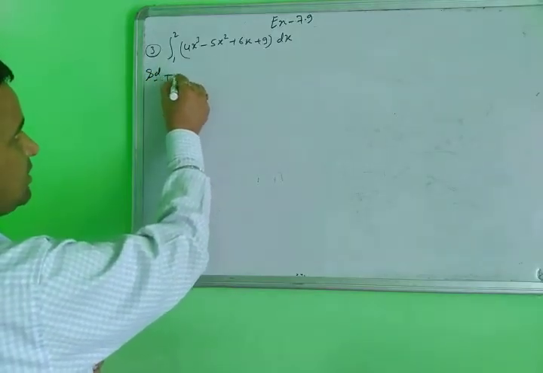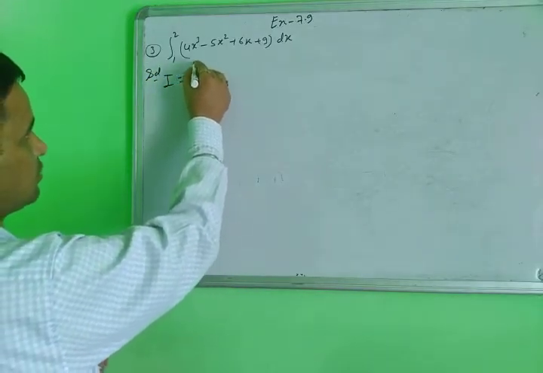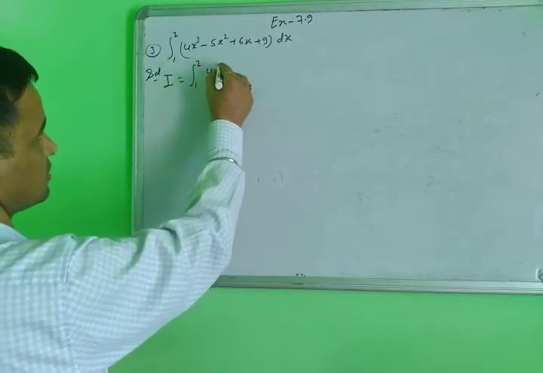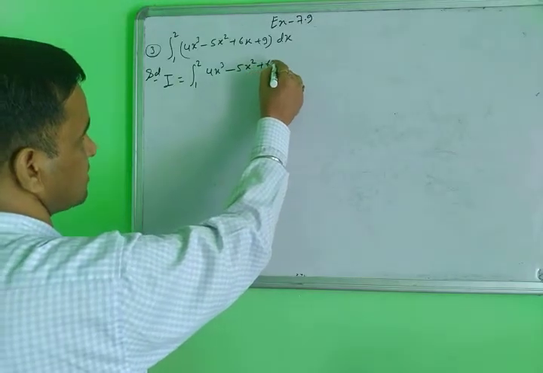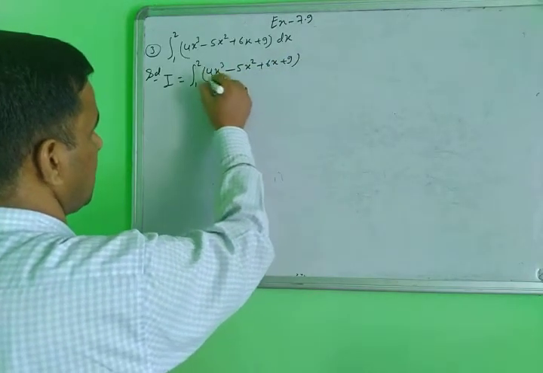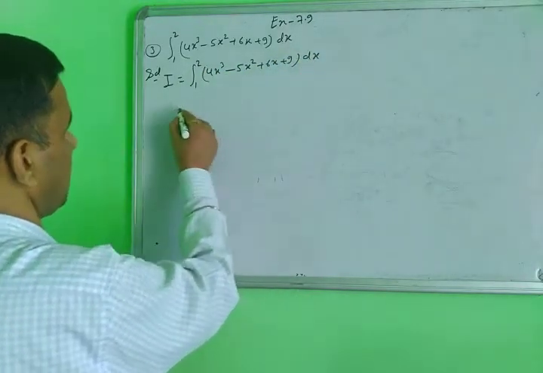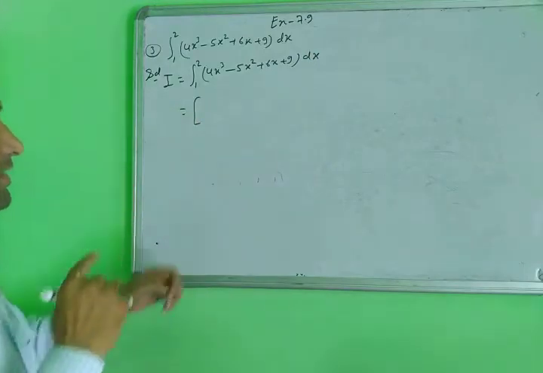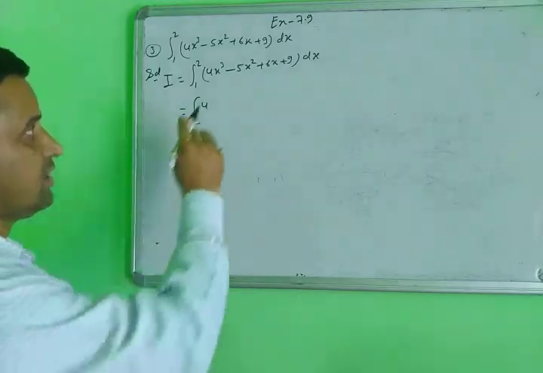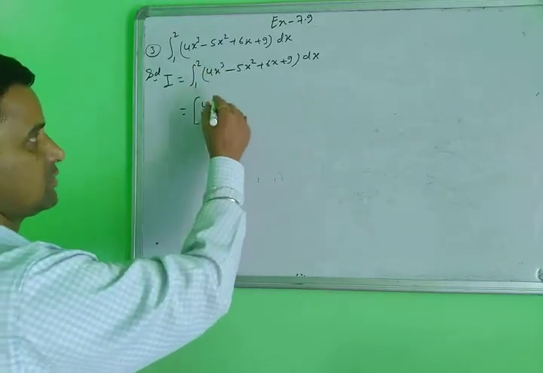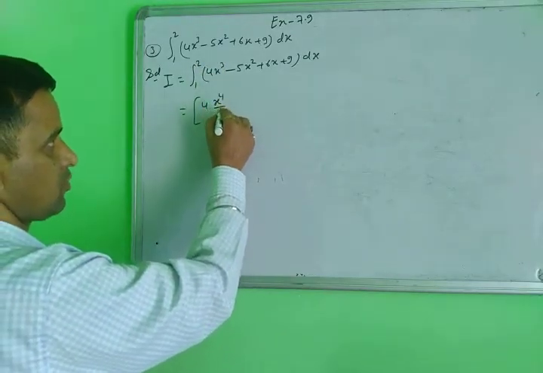Let I equal the integration from 1 to 2 of 4x cube minus 5x square plus 6x plus 9 dx. Then the integration of 4x cube: 4 is a constant number, so 4 will not be integrated, only the integration of x cube. So x to the 4 upon 4.